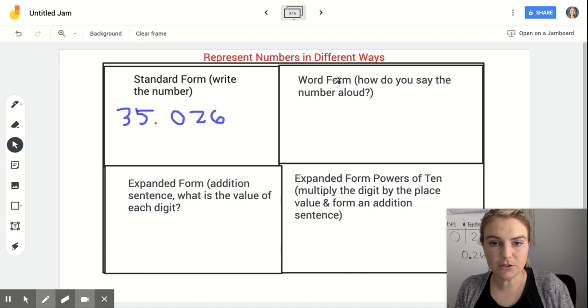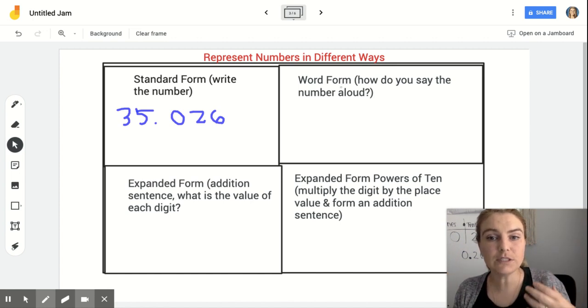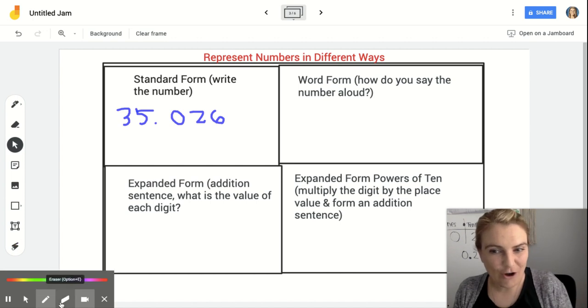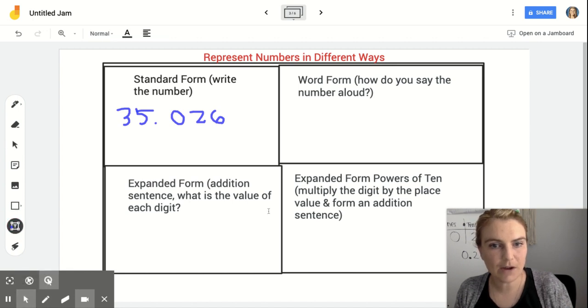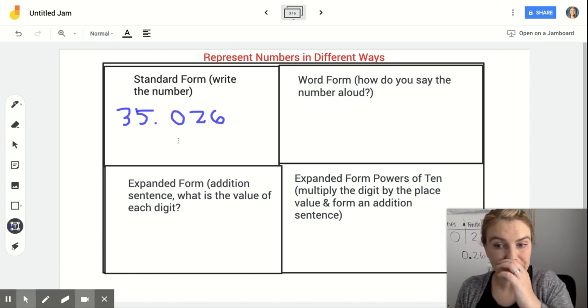And in the next box over, at the very top, I'd like you to write word form. And in parentheses, what word form means is how do you say the number aloud? And I already did it. Hopefully you were paying close attention and you're going to say it out loud with me. So how do we say this number out loud? Well, we basically break it up into 2 parts.